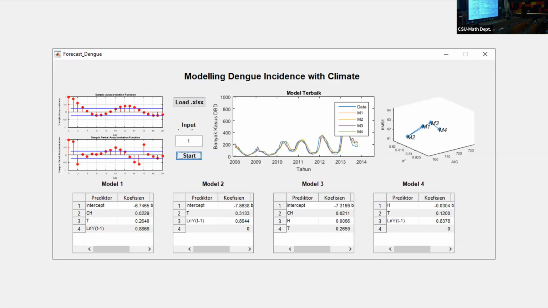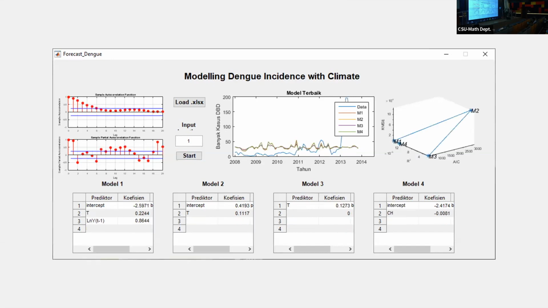We have this kind of graphical user interface using MATLAB, and we already translated it to R. So they just load the data, then find the autocorrelation, PACF, ACF, and then they choose the best model from our different types of models using different predictors.